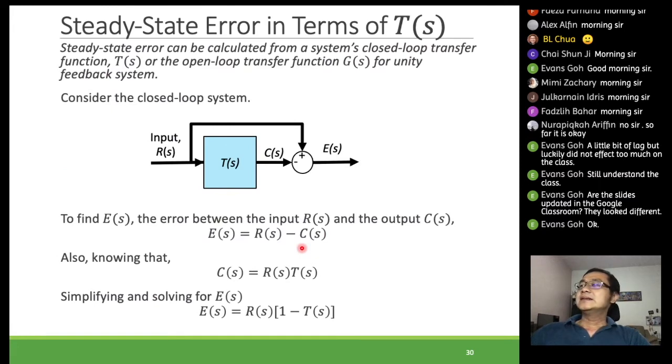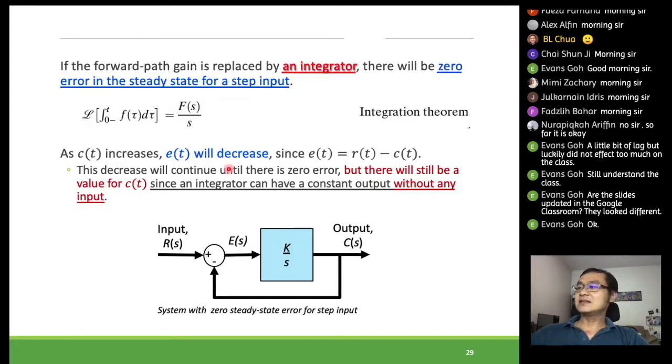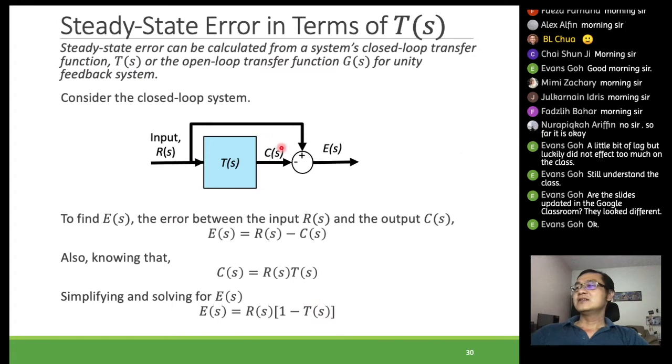Then if we look at the steady state error from another perspective, we call it the T(s) terms itself. Previously we saw this in the feedback loop type, right? So if we look at another configuration of it, how do they change according to different parts of the parameters?